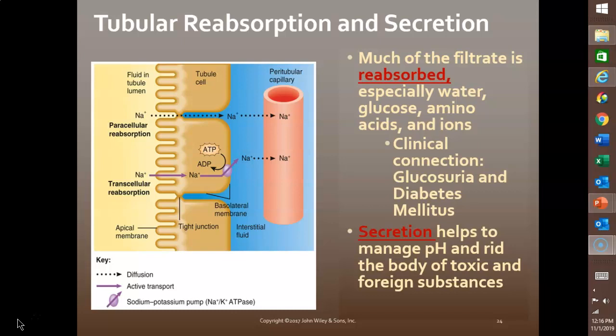Normally, we move all of the glucose that might get filtered out during glomerular filtration back into the blood. But when the concentration of glucose is extremely high, then these renal transporters can't work fast enough to resorb all the glucose that enters the filtrate. This results in some glucose remaining in the urine, and that's a condition called glucosuria. The most common cause of this is something you've heard of before when we talked about the endocrine system.